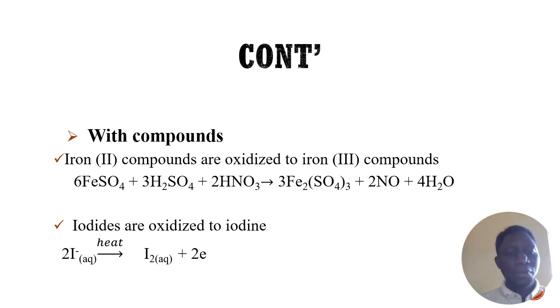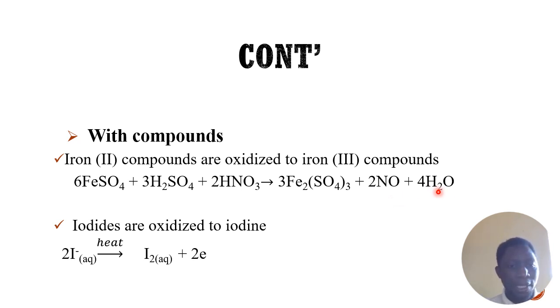Nitric acid can react with different compounds. Here we have an example. Iron 2 compounds are oxidized to iron 3 compounds. When iron 2 sulfate reacts with sulfuric acid in the presence of nitric acid, this produces iron 3 sulfate, nitrogen monoxide, and water.